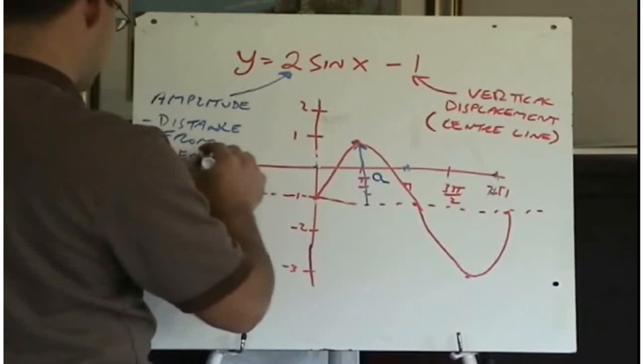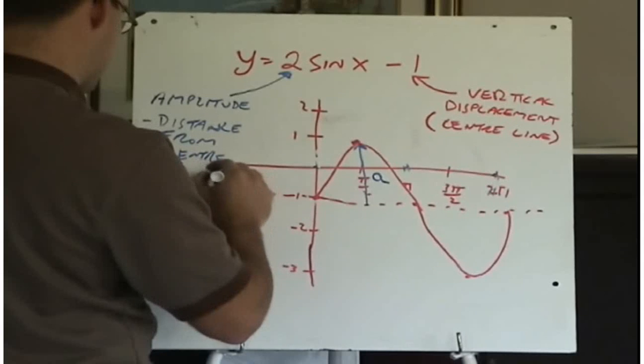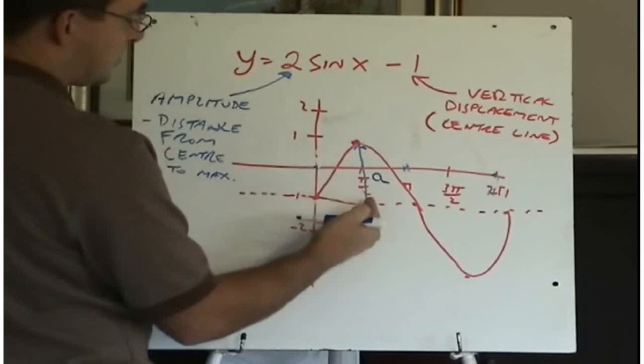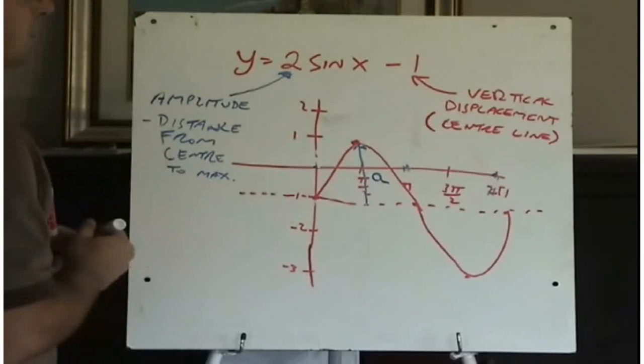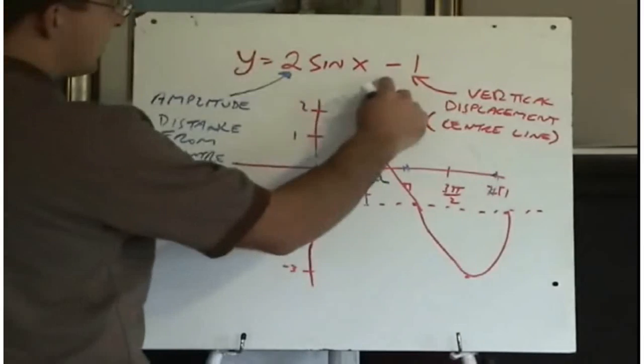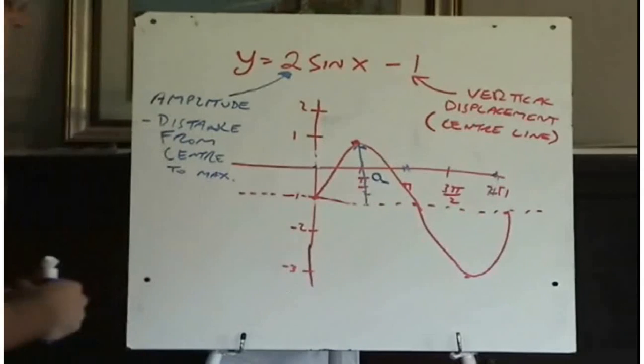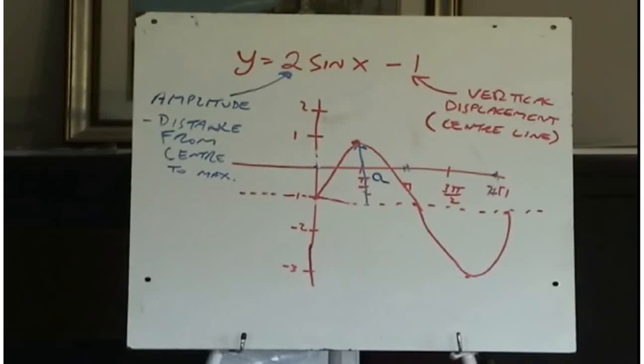The distance from the center to the maximum is defined to be the amplitude of this function. So we would say that this graph has a vertical displacement of -1 and an amplitude of 2.